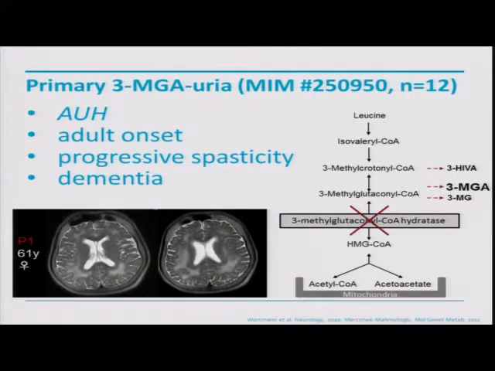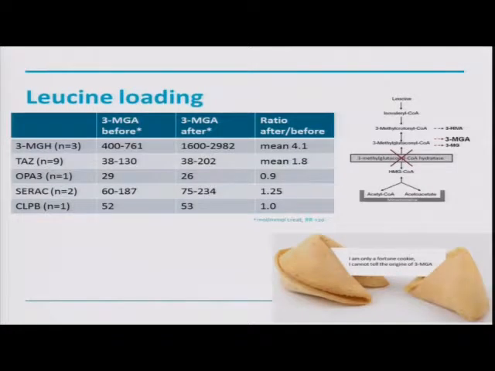You can see here on the MRI an impressive leukoencephalopathy, and these patients develop progressive spasticity and dementia, but only at about the age of 40 to 50 years. So this is certainly not a non-disease, but a very special disease with an adult presentation.